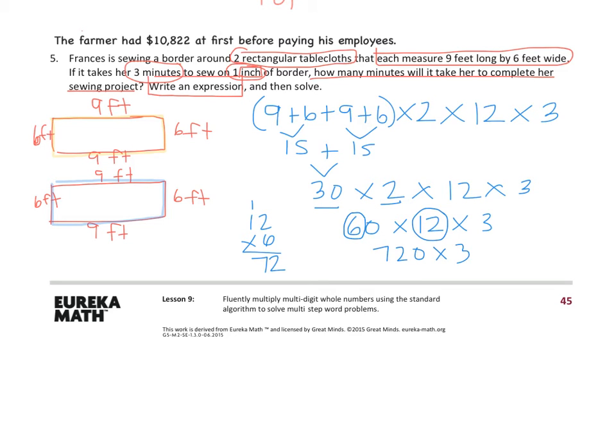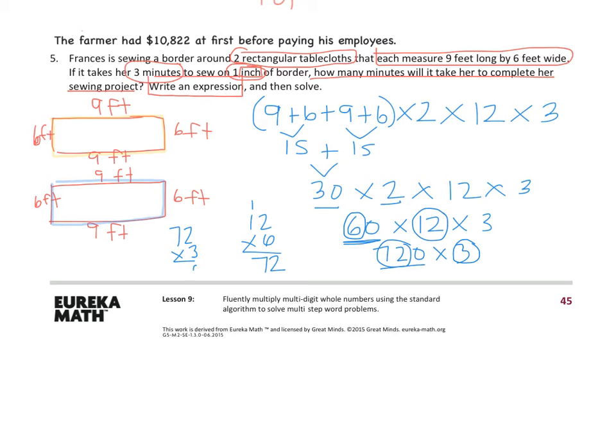And then I can multiply it by the 3 minutes, so that this represents 720 inches. This represents 60 feet. So this is my inches, 720, and you times it by 3. Well, we can quickly figure out, okay, 72 times 3 off to the side. I can do 72 times 3.